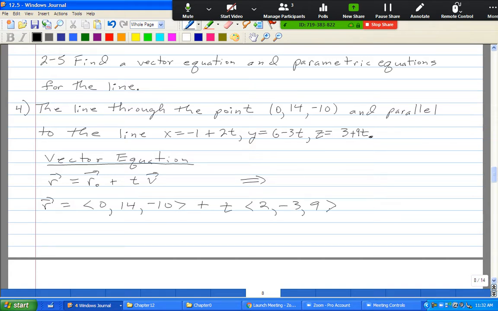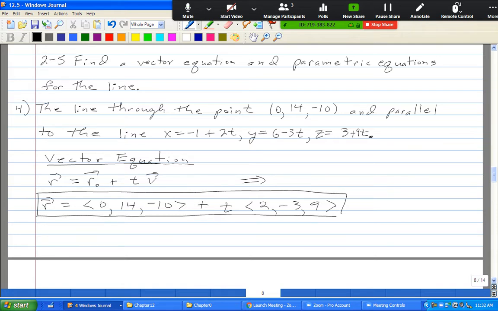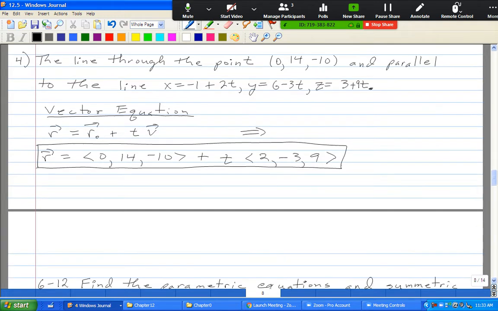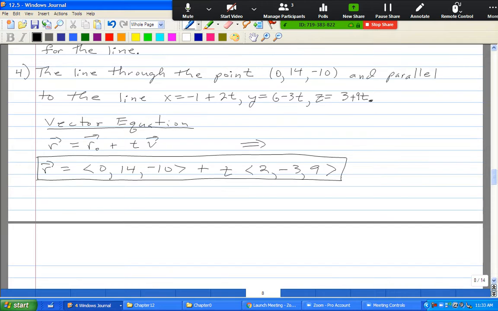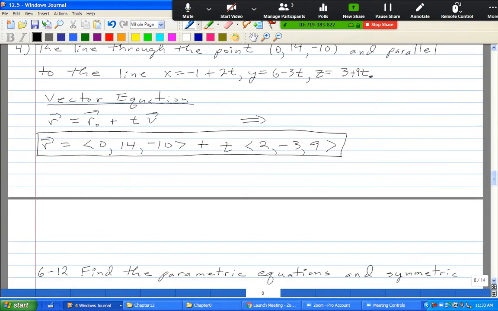And that is the vector equation through the initial vector 0, 14, negative 10, in the direction 2, negative 3, 9. So let's find the parametric equations.